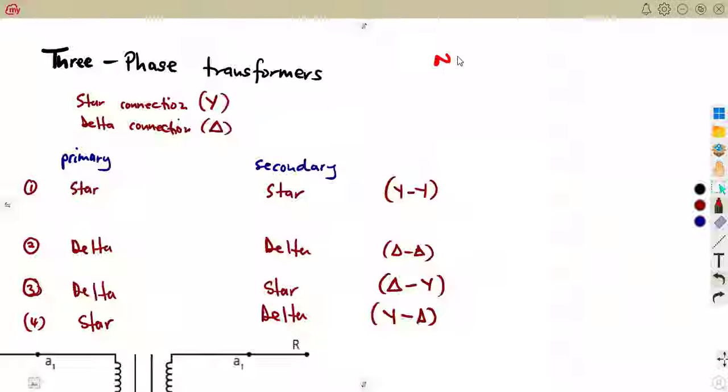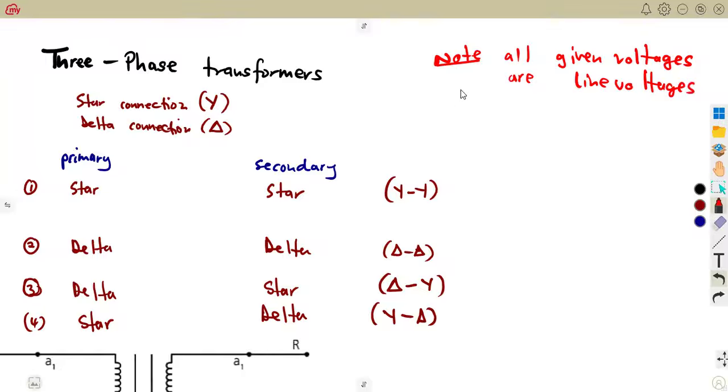Take note here that all given voltages are line voltages, or they can be in terms of current, line current, unless stated otherwise, meaning they can give us a condition that it is phase.